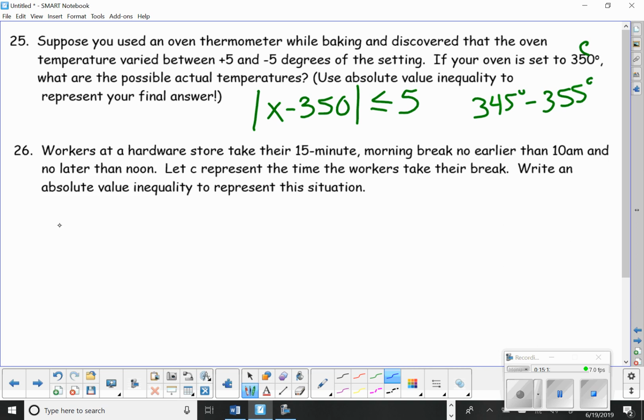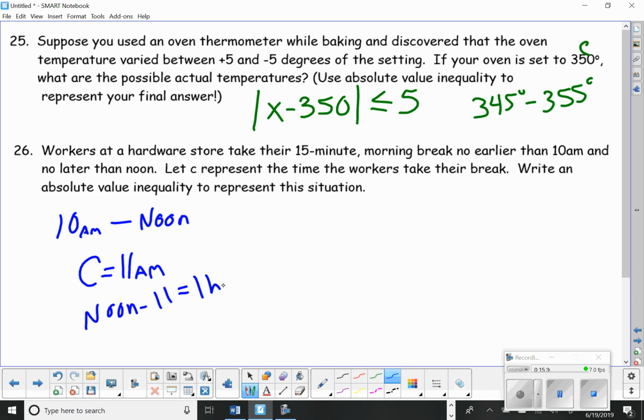Well, between 10 a.m. and noon, our center is 11 a.m. Noon minus 11 is equal to 1 hour. So whatever time they take minus 11 has got to be less than or equal to 1 hour.